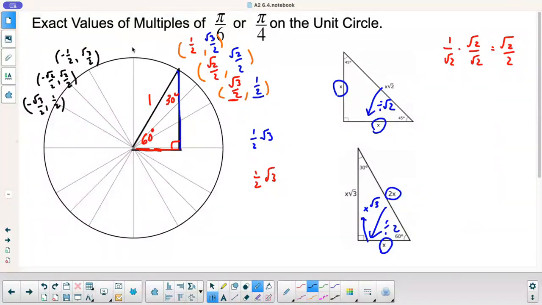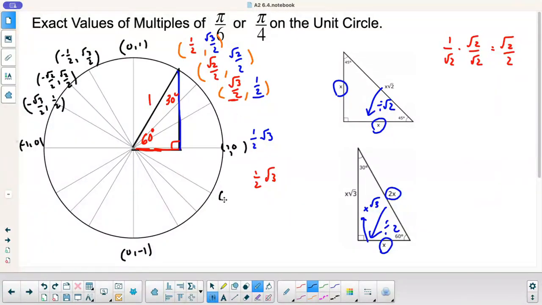You're just changing the x coordinates. We already knew those: 1, 0, negative 1, 0. And then over here, same thing like I did over here. I just changed the sign of the y coordinates.